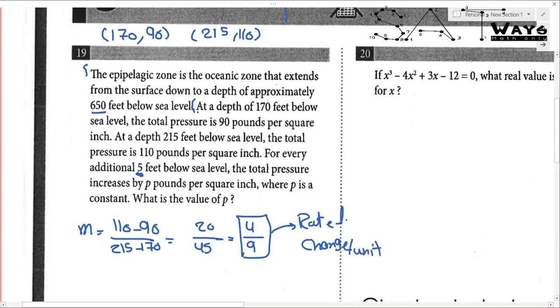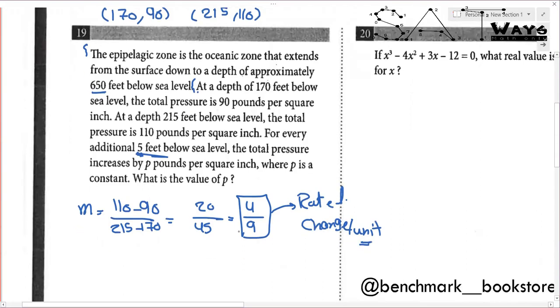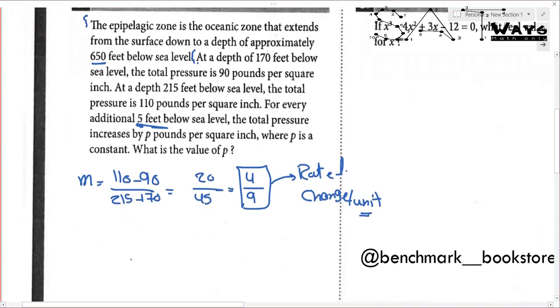We wanted for every additional 5 feet below the sea level, and here it's the rate of change per unit. So we're gonna multiply 4 over 9 because it's per unit, multiplied by 5 to get it after 5 feet below the sea level. 4 over 9 multiplied by 5, which means 4 multiplied by 5, 20, 9 multiplied by 1, which is 9, and this is it.